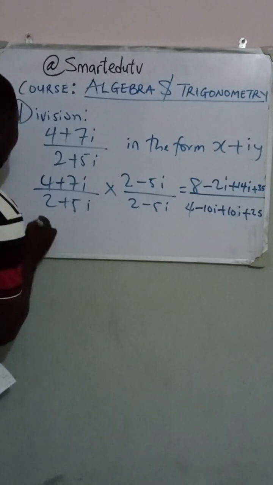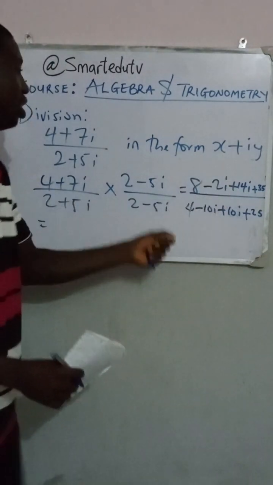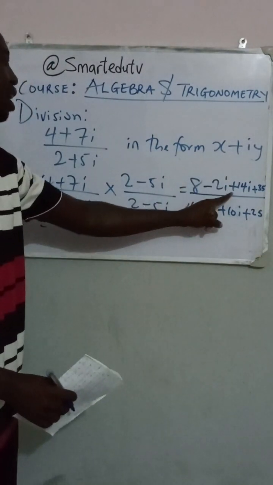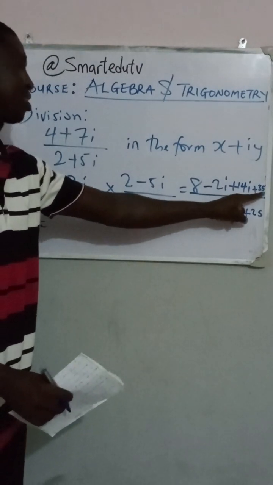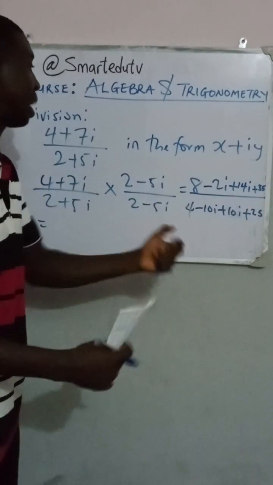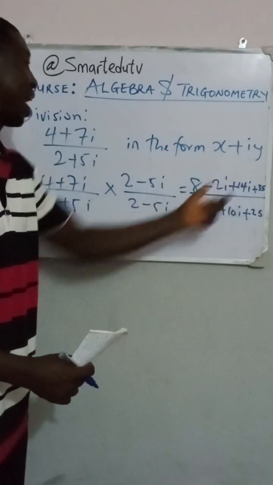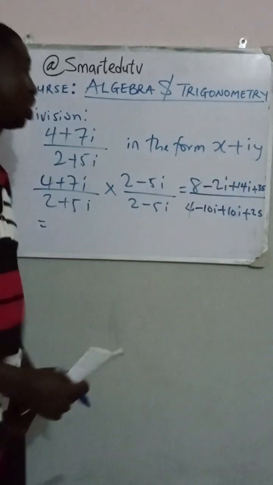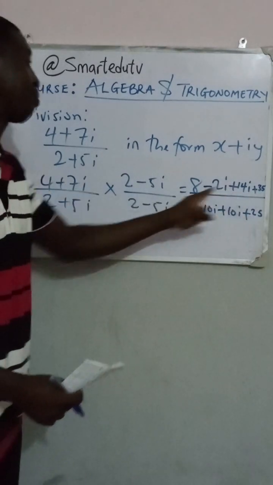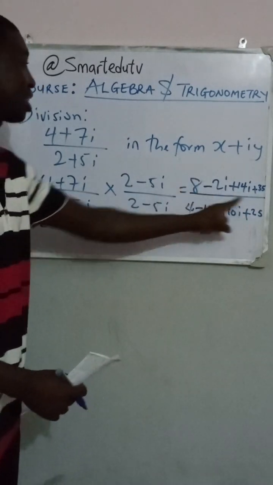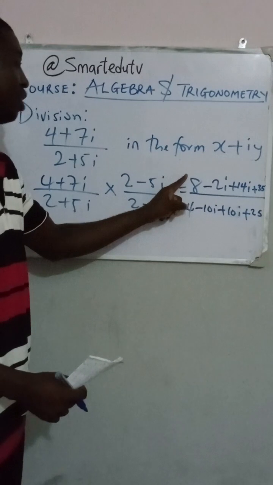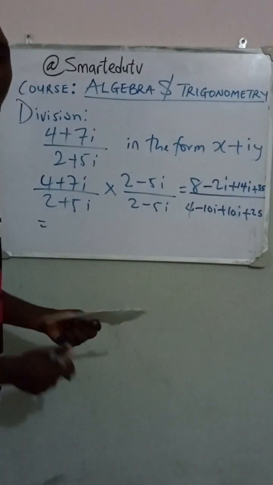So if I want to evaluate this, I have 8 minus 20i plus 14i plus 35. Combine them in such a way that we collect like terms. The real parts add each other and the imaginary parts also add each other. I'm having 35 plus 8, which will give us 43.